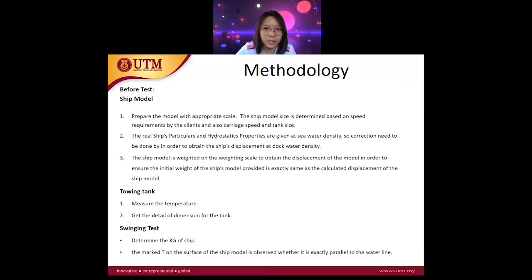So here is the methodology of the resistance test. Before the test starts, we have to prepare the ship model in an appropriate scale. The ship model size is usually determined based on ship requirements by the clients and also carriage speed as well as the tank size. Next, the real ship's particulars and hydrostatic properties are given at sea water density.